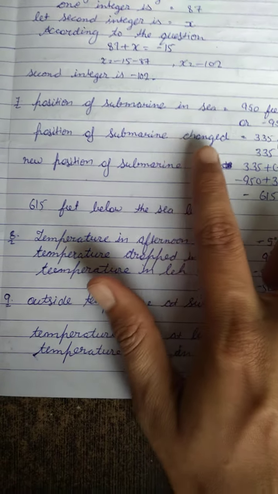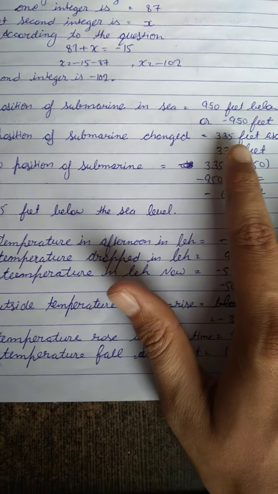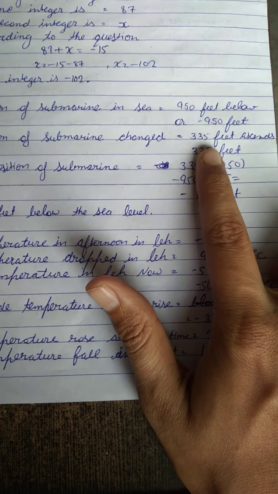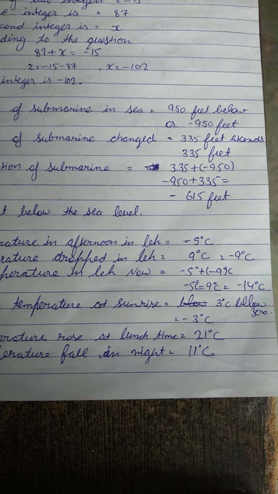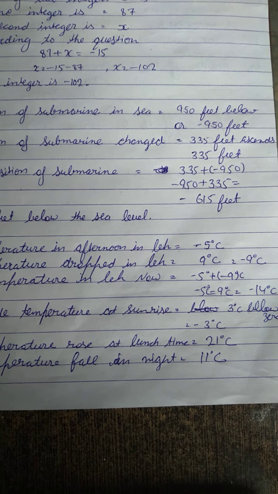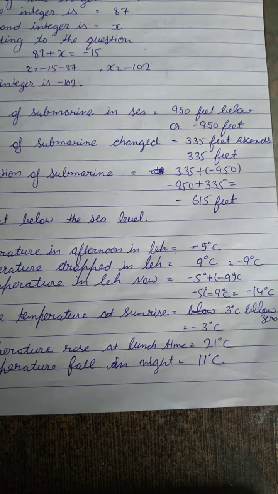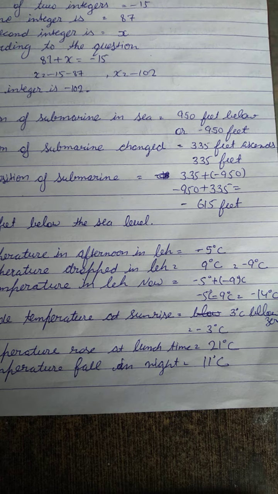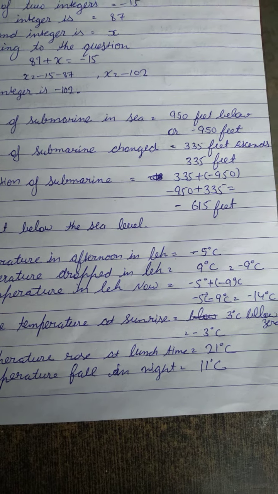The position of the submarine changed 335 feet ascending. Ascending means moving towards the surface of the sea. It means that the distance should be taken as a positive integer.